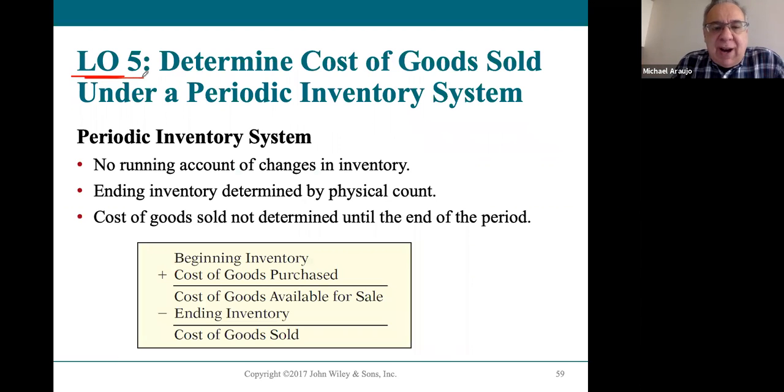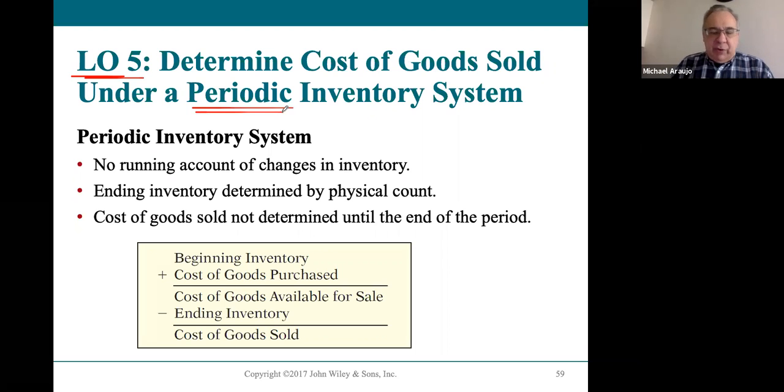Learning objective 5 talks about how they keep track of inventory using a periodic system. Now, you might remember from earlier in the chapter, there are two inventory systems. One that is very common called a perpetual inventory system.